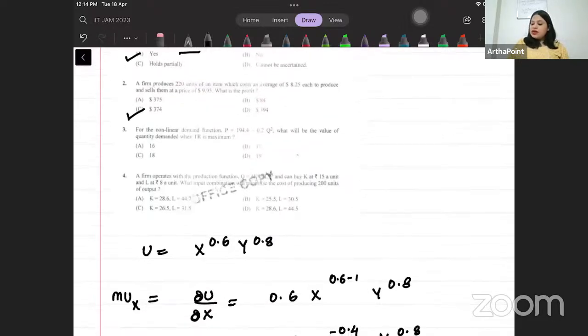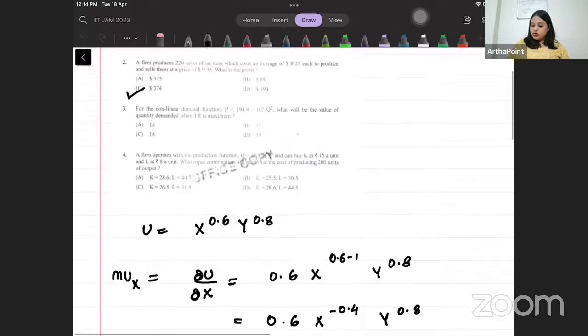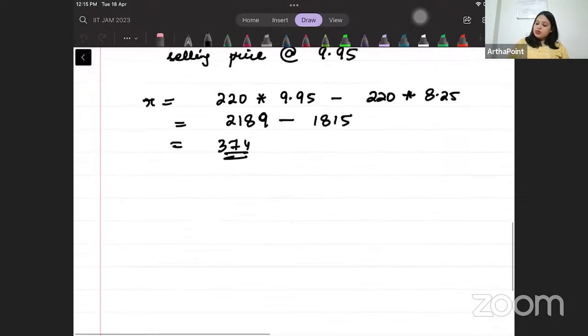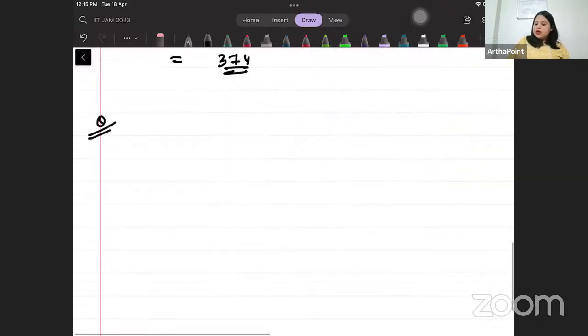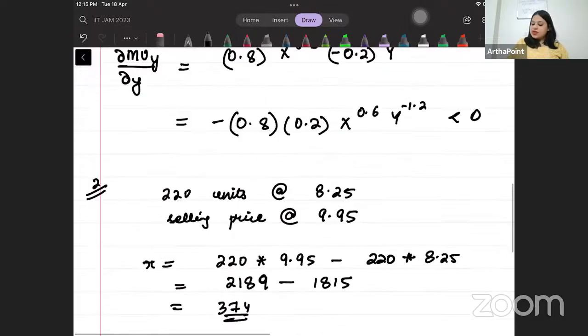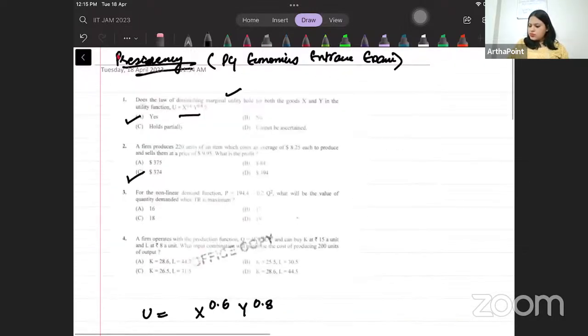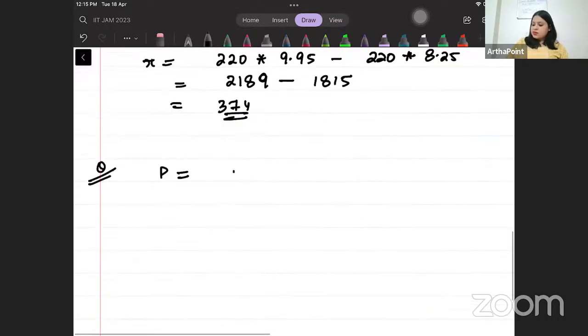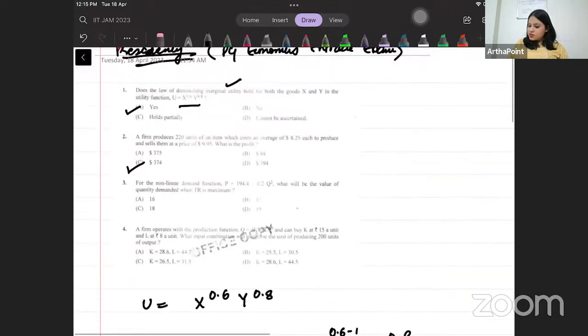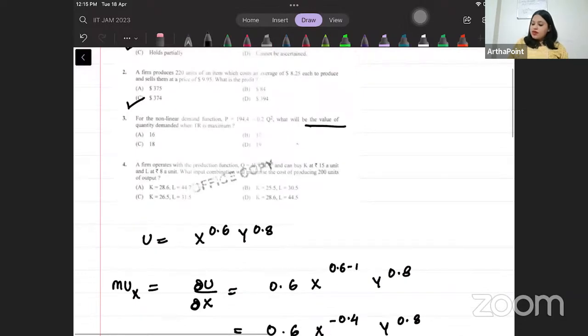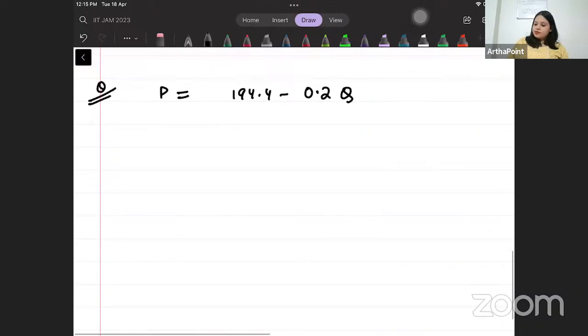For the demand function, third question. The demand function is given as P is equal to 194.4 minus 0.2 q square. What will be the value of the quantity demanded when TR is maximum?